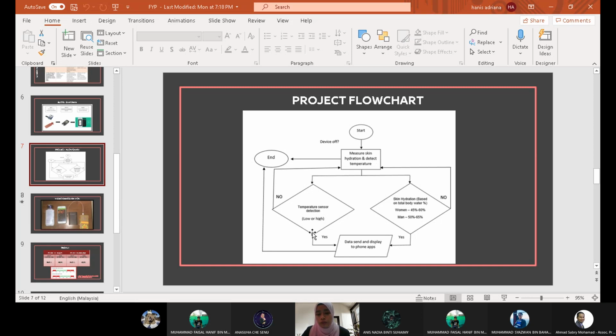The healthy normal range for women is 45% to 60%, and for men is 50% to 65%. After that, both data will be sent through the microcontroller, then displayed on the phone app, which is the Blynk application.